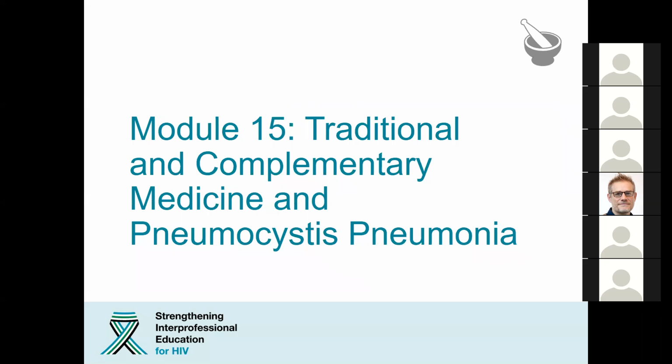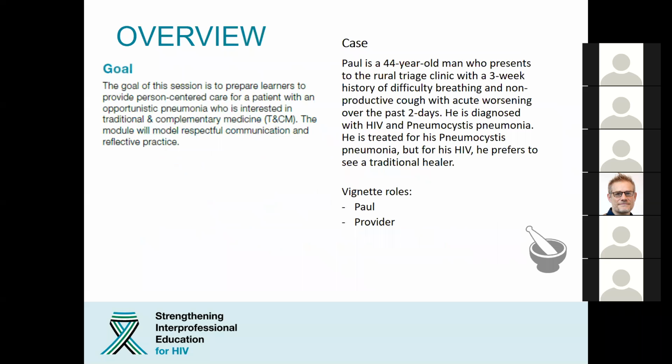So as far as going through the module a little bit, the goal is to prepare learners to provide person-centered care for a patient who has an OI and who's interested in this. And we're really trying to model respectful communication and reflective practice.